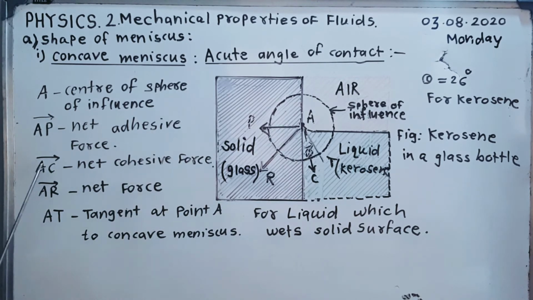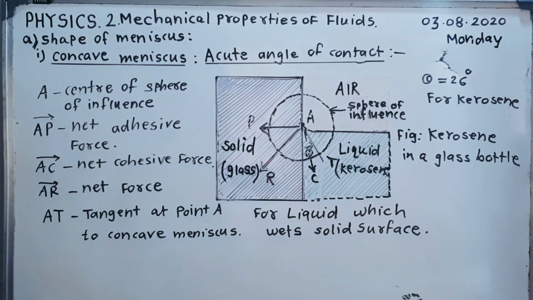The net cohesive force AC, acting along this particular direction A to C, will be the cohesive force acting on the molecule in the direction approximately 45 degrees to either of the surfaces. The magnitude of the adhesive force here is so large that the net force AR is directed inside the solid.